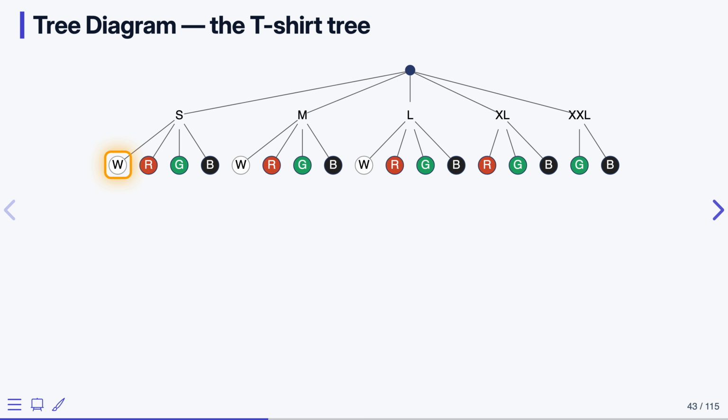White, red, green, and black under the first 3 sizes. Extra large is sold only in red, green, and black. There is no white branch under it. Double extra large is sold only in green and black. 2 branches, not 4. Every circle at the bottom is 1 leaf, and 1 leaf is 1 shirt the store could sell. Count them and you have the answer.